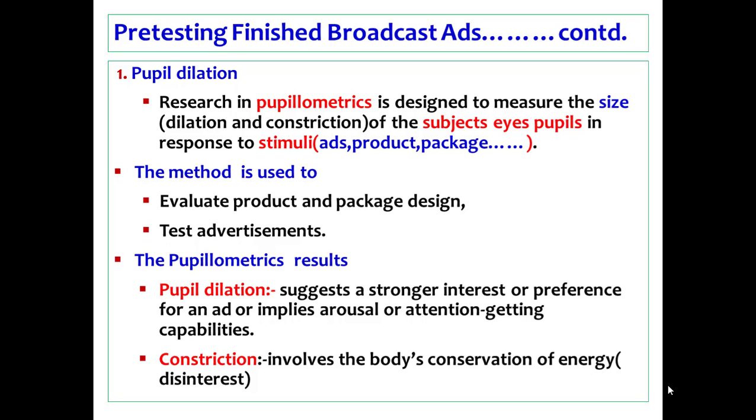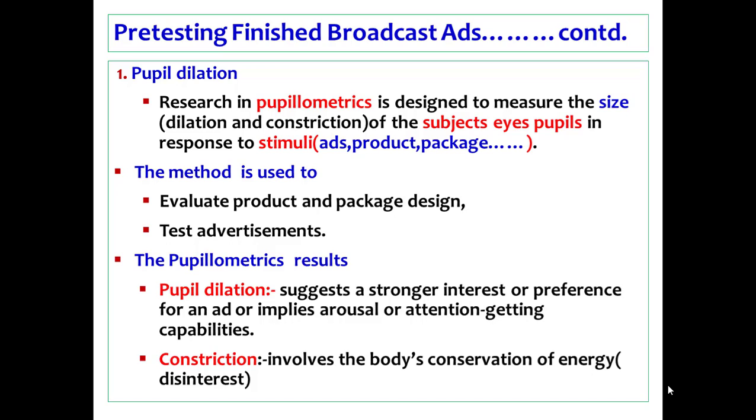When it comes to the first one, it's the pupil dilation method. The researcher is using pupillometric devices, which are designed to measure the size of the subject's eye pupils in response to stimuli.